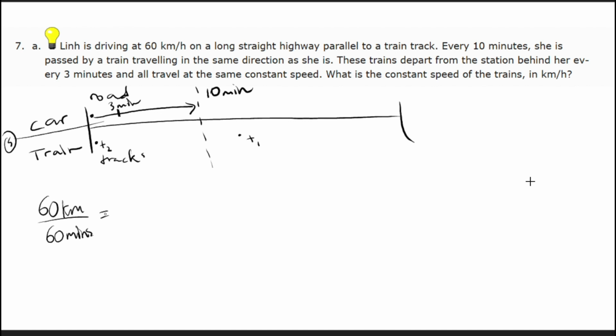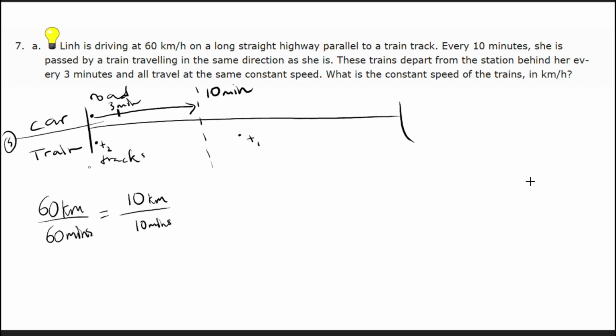It's 1 kilometer per minute, right? So in 10 minutes, it's 10 kilometers. The minutes to kilometers is actually a 1-to-1 ratio. So the car would have traveled 10 kilometers.